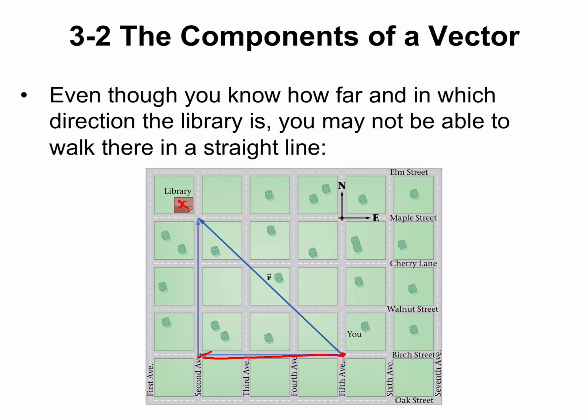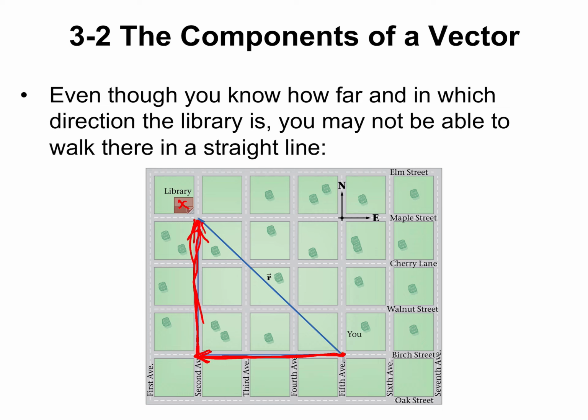From here, you went west for 1, 2, 3 blocks, and then you turn north by another few blocks. So you can tell how to get to the library. You give the distance, direction, and another distance and direction.